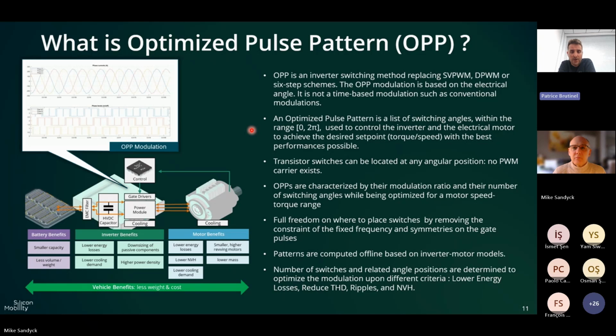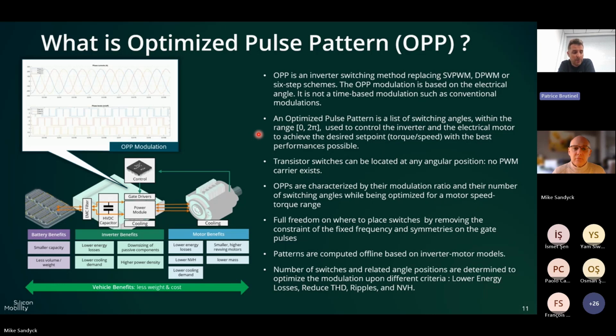We have developed a technology and a tool that we call the pattern generator that will allow us to generate patterns optimized for a speed and torque range, as well as a modulation ratio. And we can optimize the pattern as a function of different criteria.